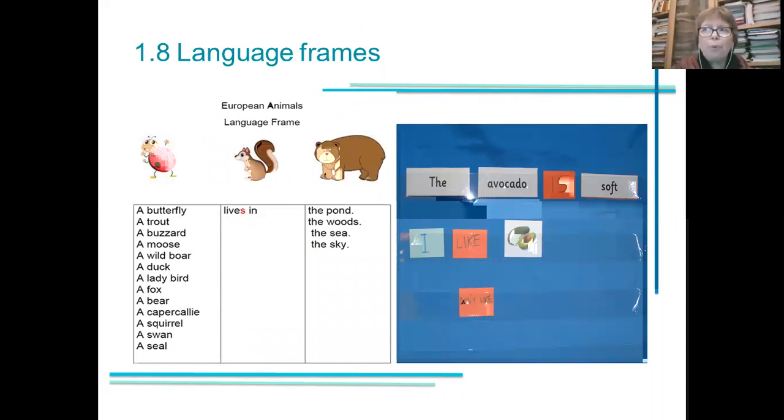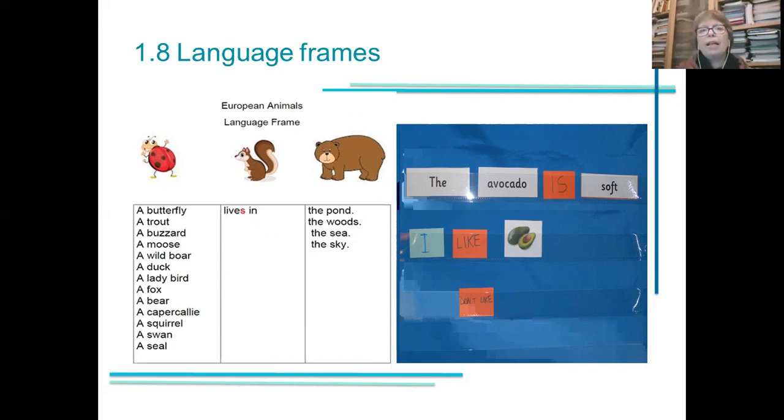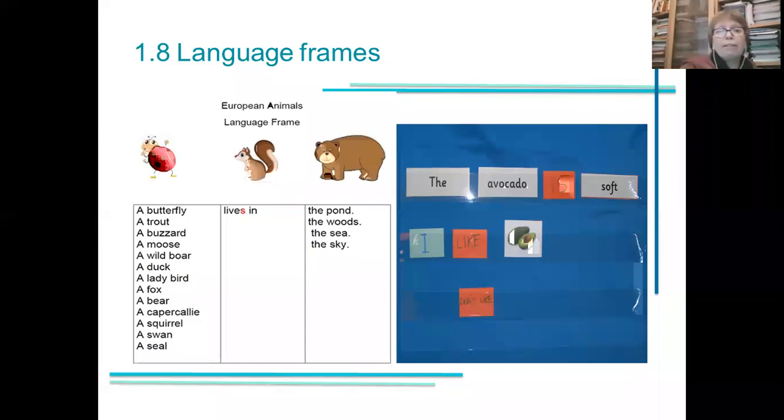In order to support children to produce the language, we can give them these language frames. For example, here we have two examples of language frames for little ones. Where do animals live? A butterfly lives in the pond. A trout lives in, for example, I was wrong.